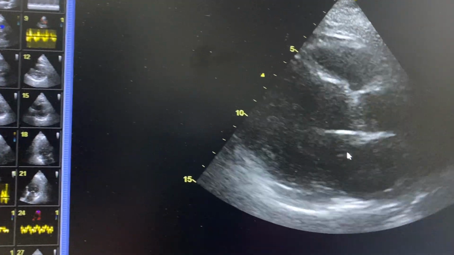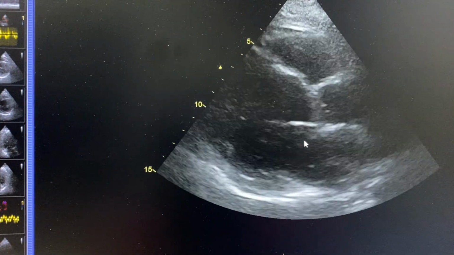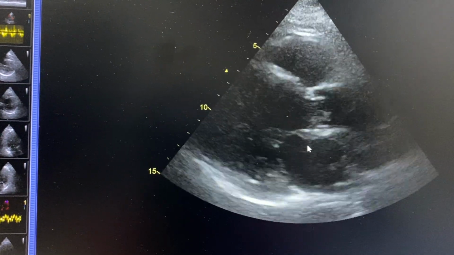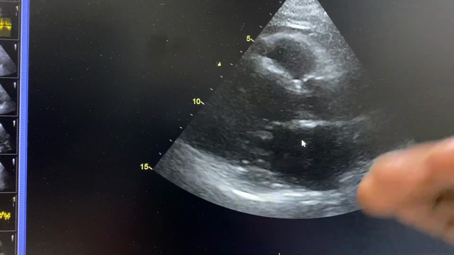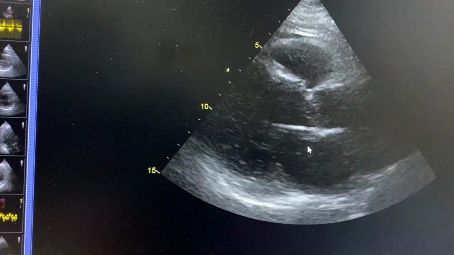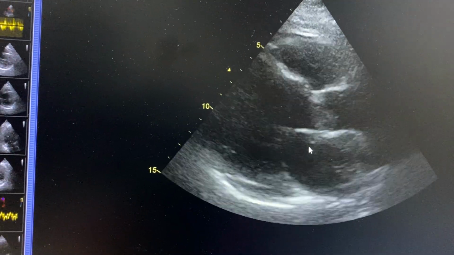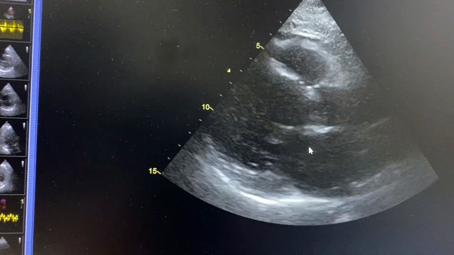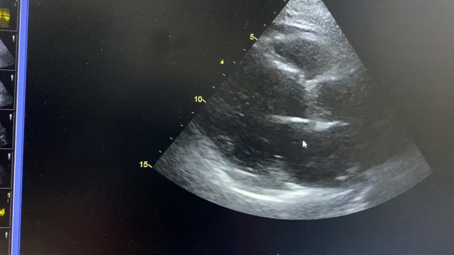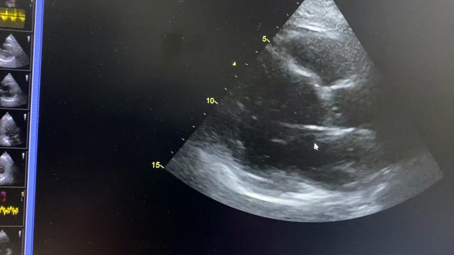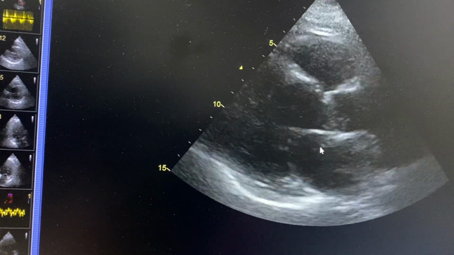Now in cases of LAD occlusion, we expect the anterior wall to exhibit wall motion abnormalities, because the LAD runs on the anterior aspect of the left ventricle. The LAD gives different branches.